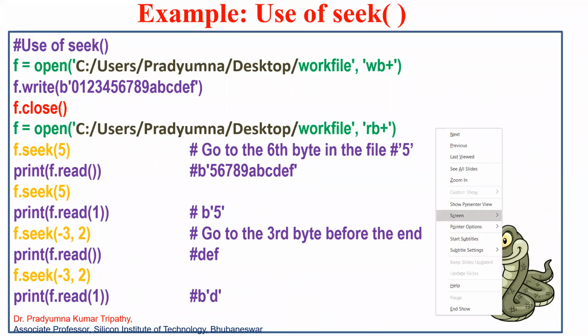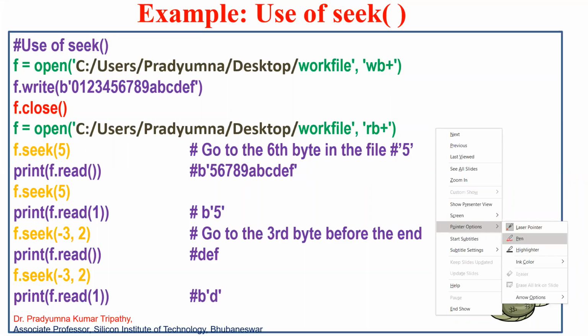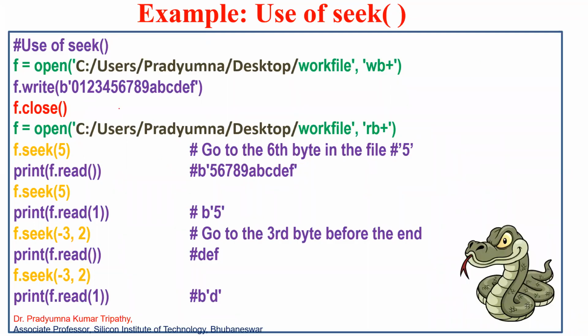Sir, in the binary mode, when you access the file, will it be in binary format or in text format? The binary format. What does binary mean? Binary does not just mean zero and one.